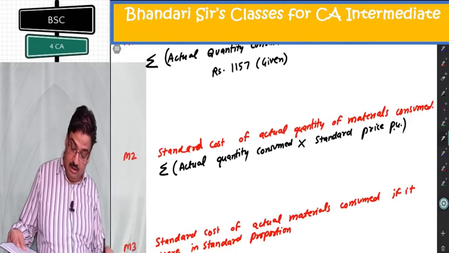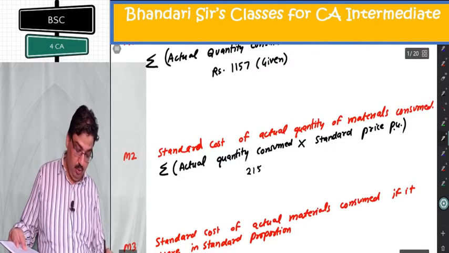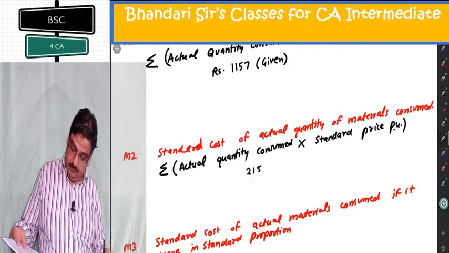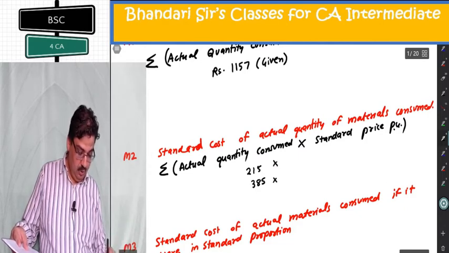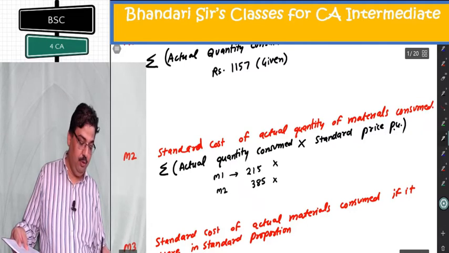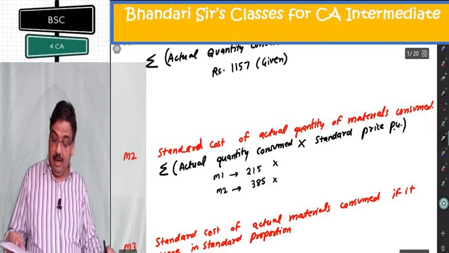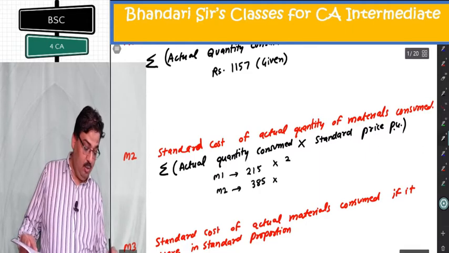Standard cost of material consumed: 215, 385, to be multiplied by, this is material 1, material 2, don't get confused with the step numbers, standard price 2 and 1.70.